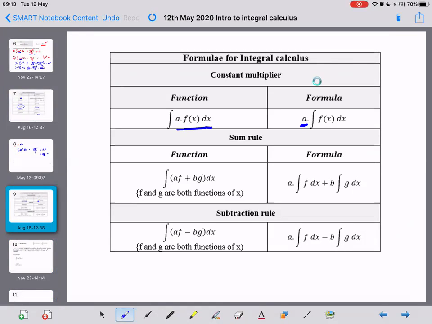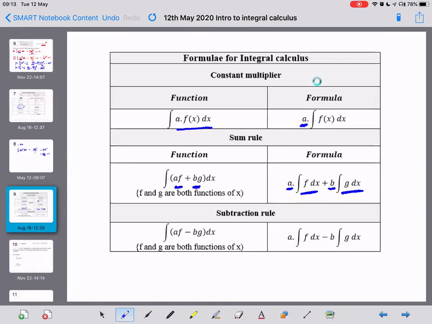And then if we have an integral of one function of x added to another function of x, we can take the constants outside, but we integrate each of those two functions, f and g, separately and add them together.